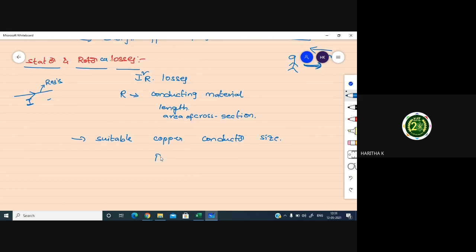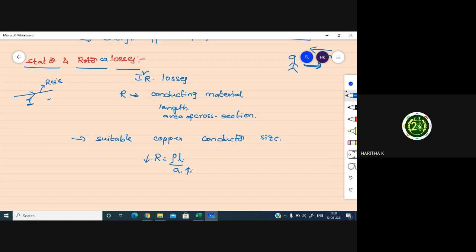And this resistance, I already told you, the resistance formula is rho L by A. It depends on length and area of cross section, and this is resistivity. So if you increase the area of cross section, then the resistance will decrease. That means a larger rotor conductor increases the cross sectional area.